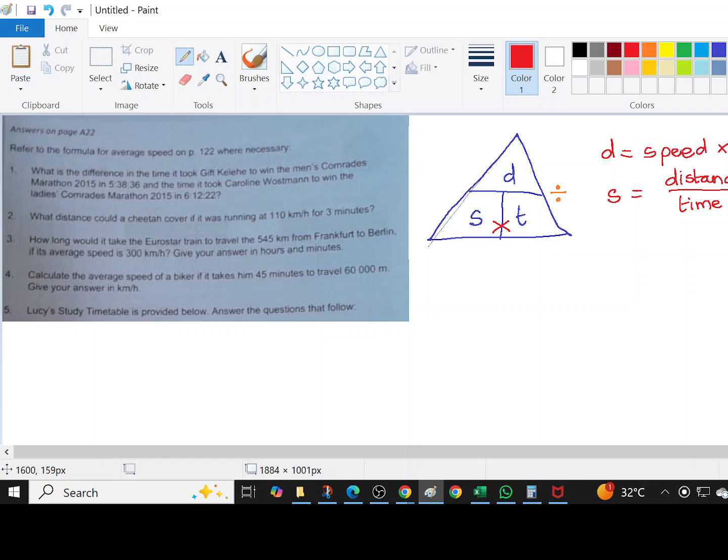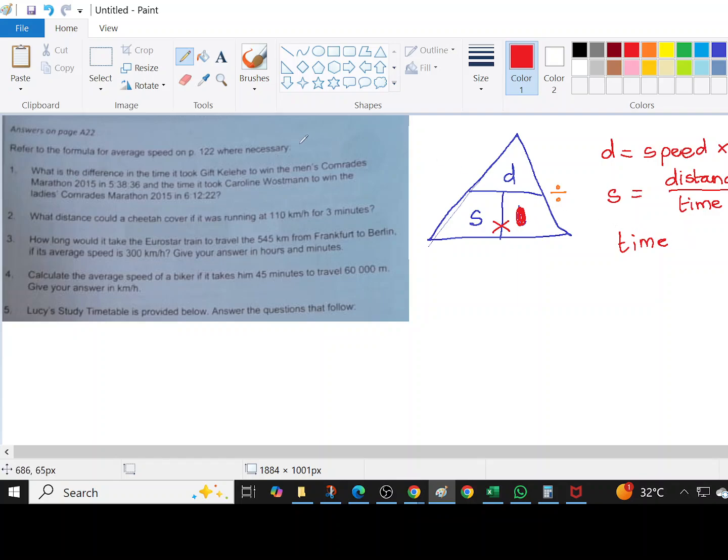Okay. Now we're going to look for the T. Time is equal to what? There's two things in the triangle. Is it distance? Distance over time? No. What's the other one?